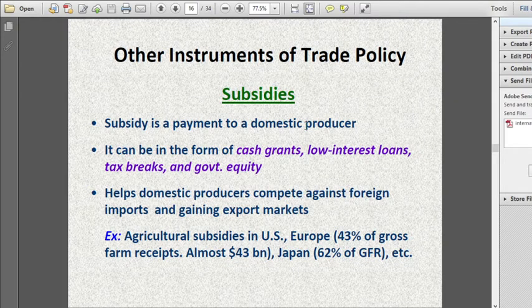Example, agricultural subsidy in the US and Europe is 43% of gross farm receipts, and for Japan, we have 62% of gross farm receipts. So, yung subsidies, ito is a form of payment wherein pwede siyang cash, pwede siyang low interest loan, pwede siyang tax break or government equity.